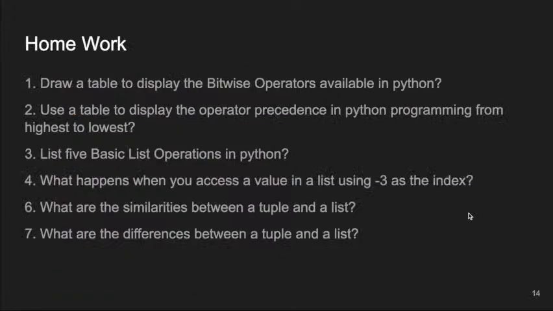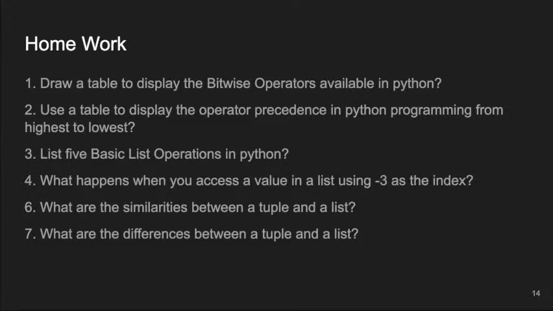So after going through all of that, these are certain things that I would like you to be able to answer for yourself. You should be able to know what the bitwise operators are in Python. You should be able to talk about operator precedence. That means if you have an operation that has several operators, which ones have the highest priority.